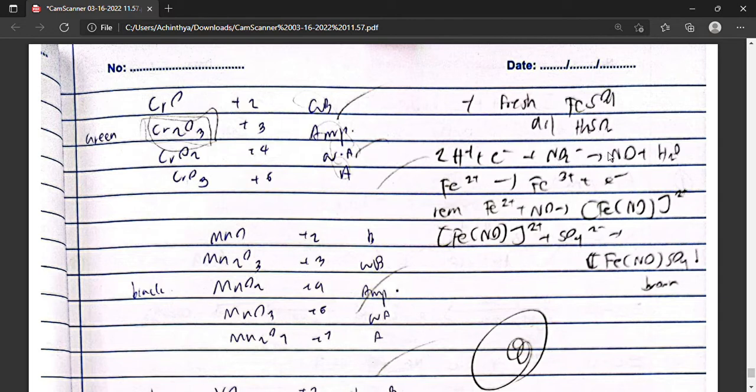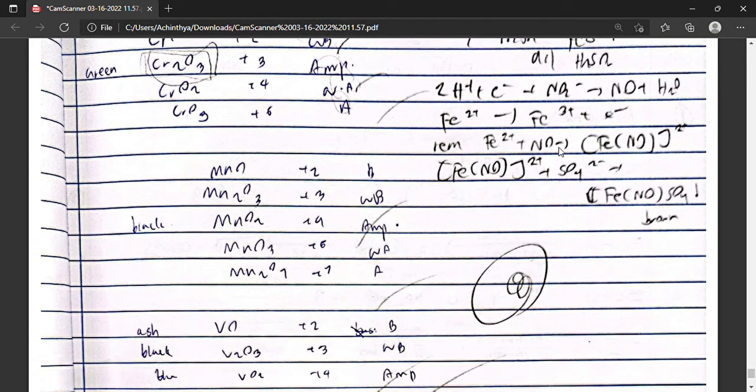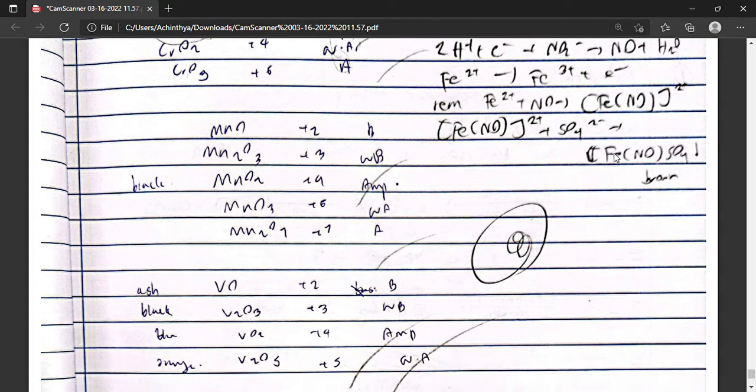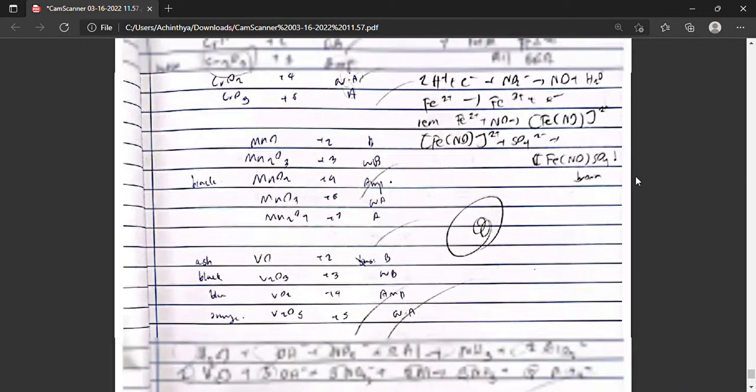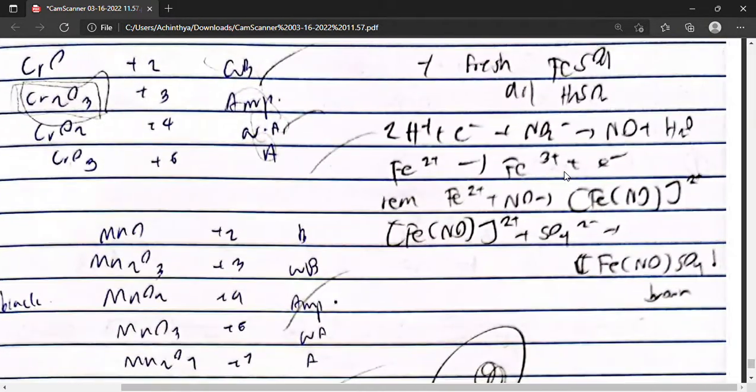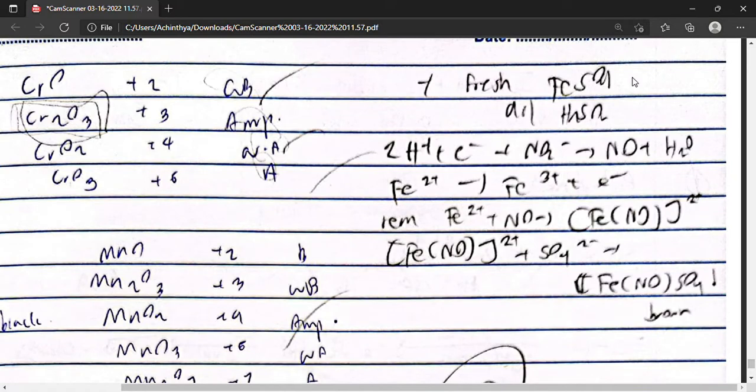Then 2H+ reacts with electrons and NO2- to form nitric oxide and water, and the ferrous ions are oxidized to ferric ions. The remaining ferrous ions react with NO to form [FeNO]2+, and [FeNO]2+ reacts with sulfate to form [Fe(NO)]SO4, which is the brown ring that we observe in the brown ring test. Nitrite solution forms the brown ring in dilute acid, while nitrate solution cannot do so.